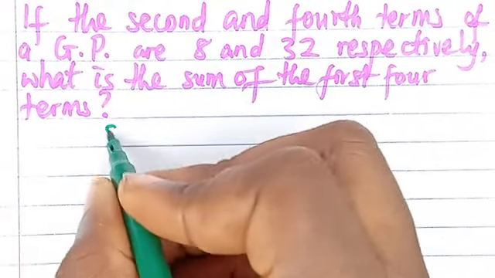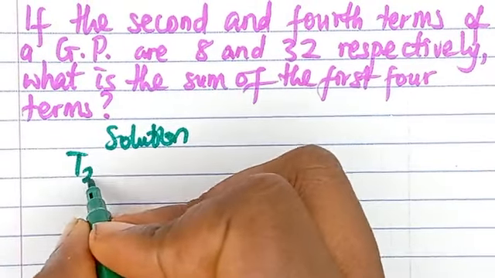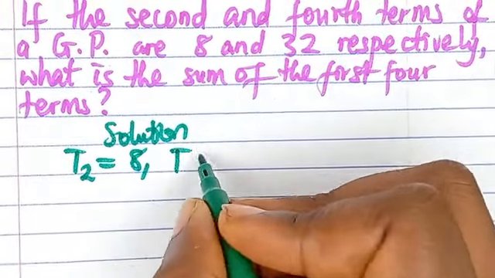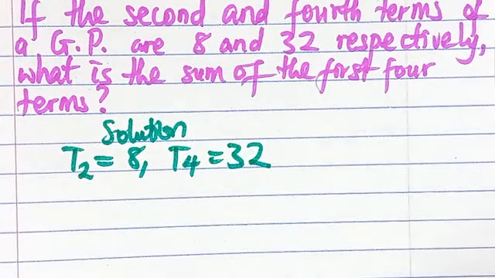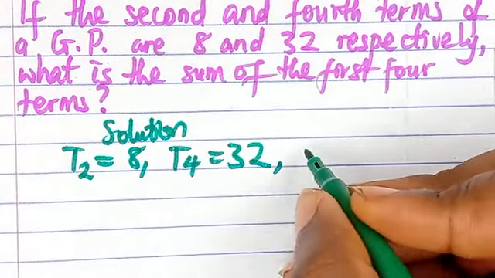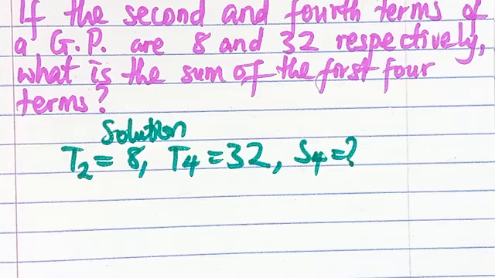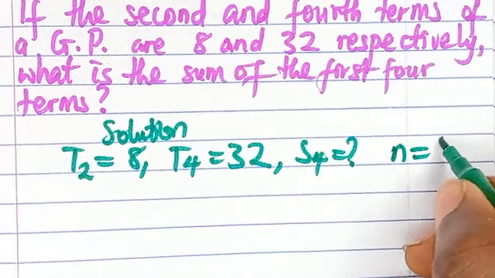So, solution, we have that second term T2 is equal to 8. The fourth term T4 is equal to 32. What is the sum of the first 4 terms? So we are looking for the sum to the first 4 terms. And in that case, when we look for the fourth term, we have that n will be equal to 4.